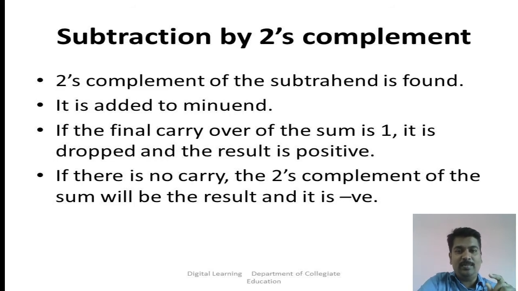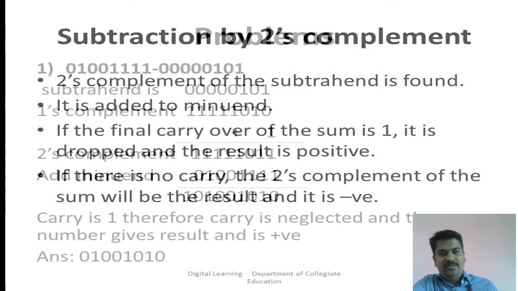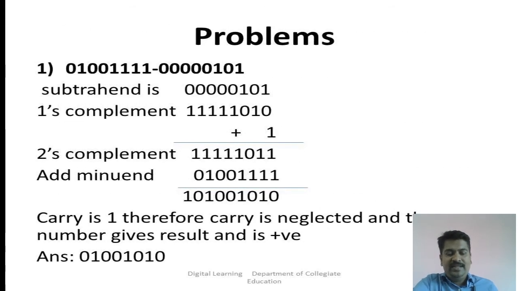Okay, this is a little complicated. If there is no carry, the answer will be the 2's complement of the sum, and it is negative. If we get a carry, it is positive. If we don't get a carry finally, it is negative.